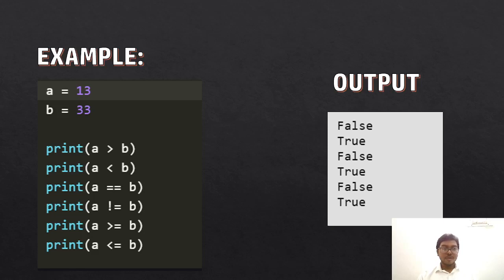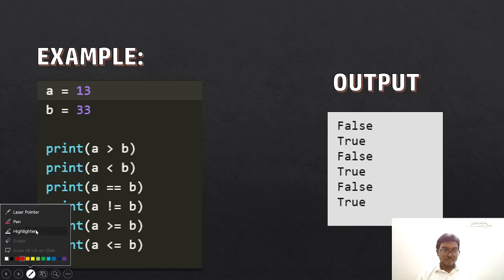Here we have taken the example of 13 and 33. For example, print A greater than B. So we have to check is 13 greater than 33? No, that is false, so the output will be false.